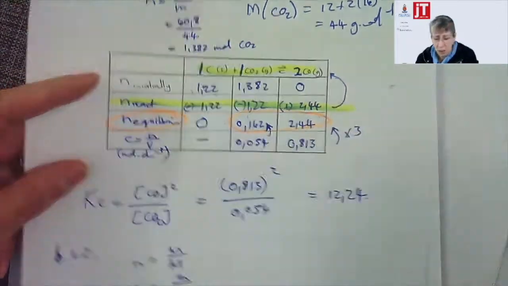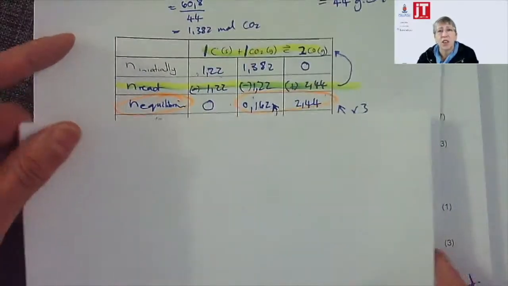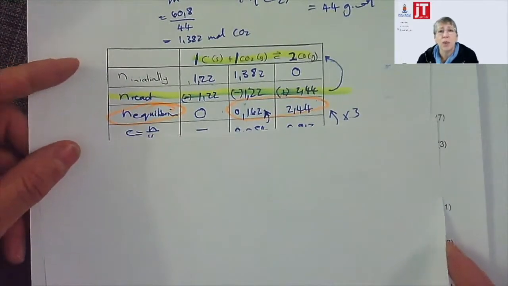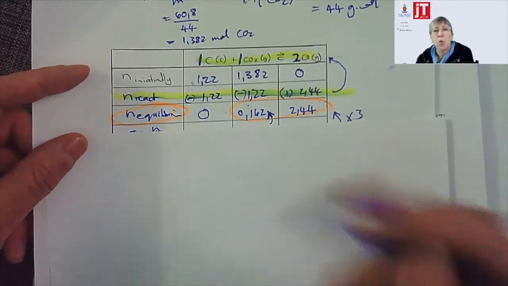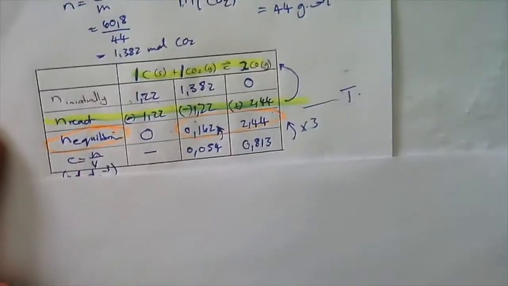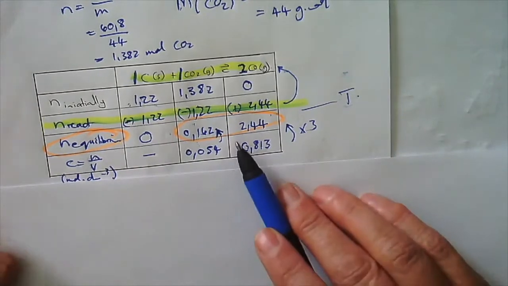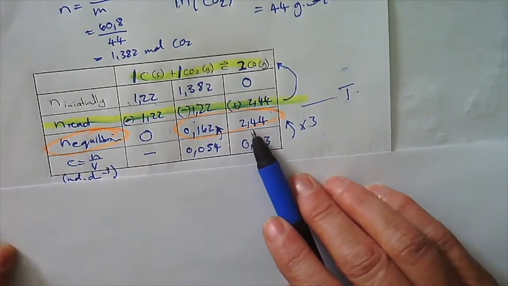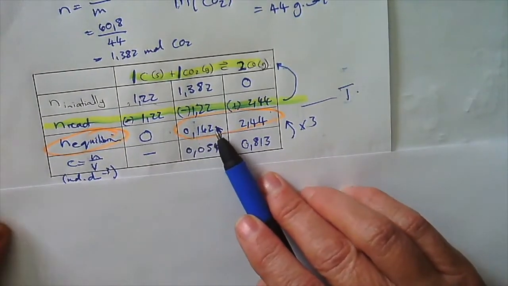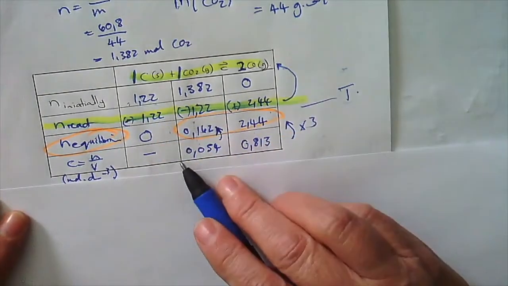So what I can do is work out the percentage of CO2 and the percentage of CO when we have our equilibrium at temperature T. Right, so we already know at equilibrium we've got in our container 2,44 and 0,162 moles of CO2 and CO and nothing of the carbon.